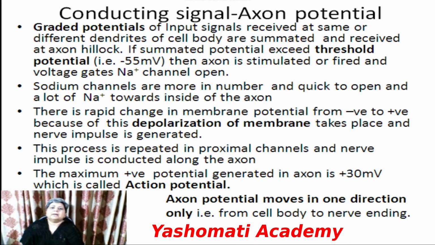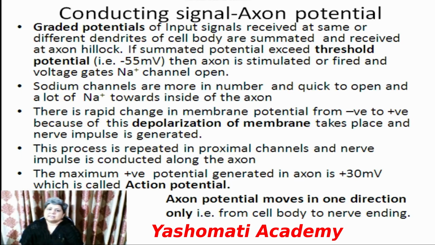We should remember that receptors are present in the plasma membrane, and gradient potential and resting potential exist in all different types of cells, whereas action potential occurs only in nerve cells, or only in neurons.